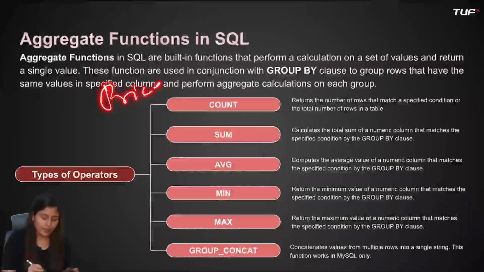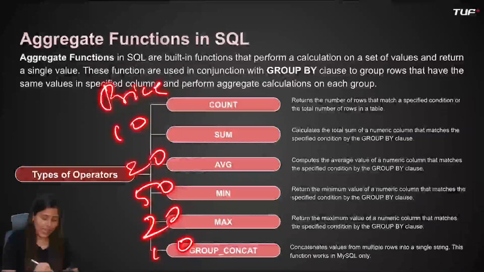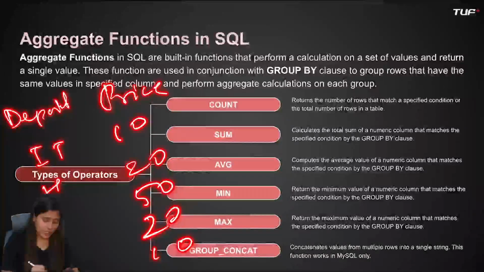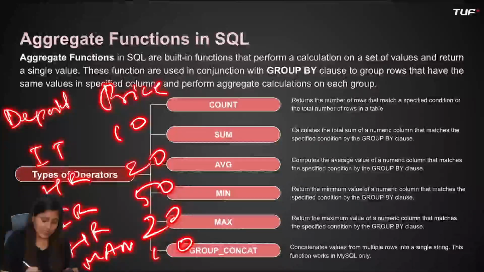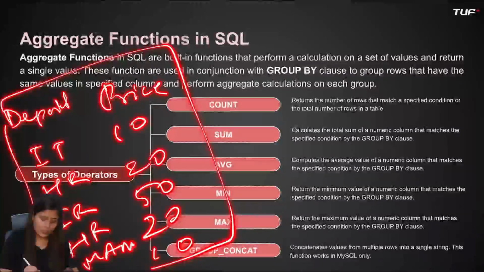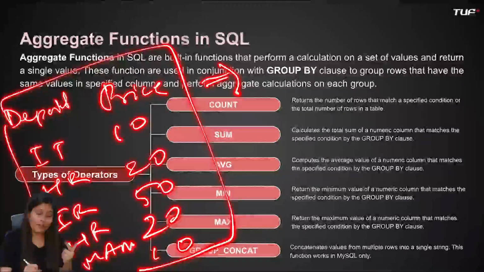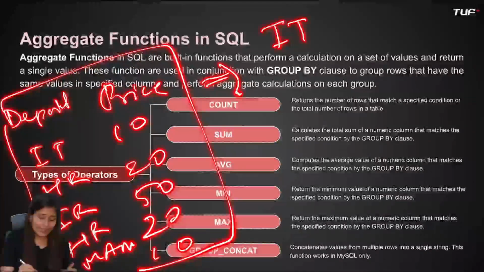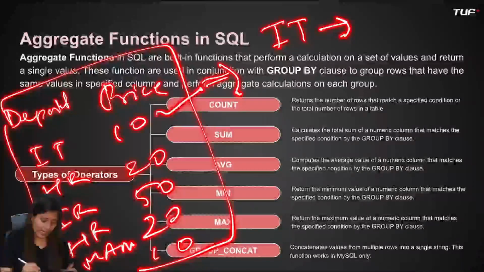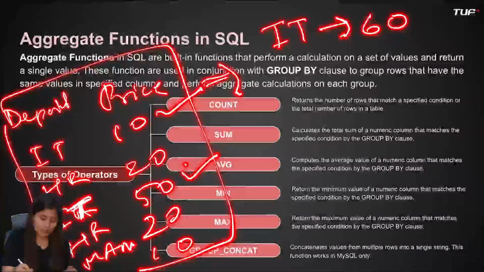So group by does the following. Suppose we have a price column with 10, 20, 50, 20, 10, and we have a department column: IT, HR, manager. We will do the summation, but if you have done the group by on the department, then for all IT it will do the summation: IT 10 and IT 50, so the price will be 60.